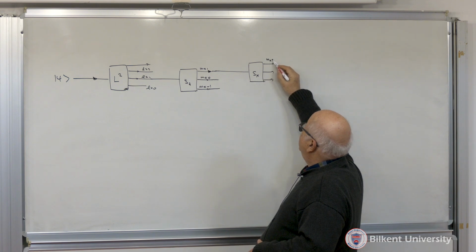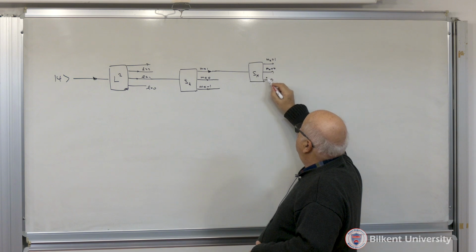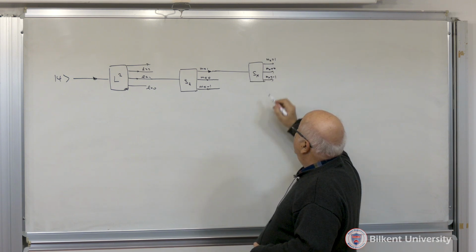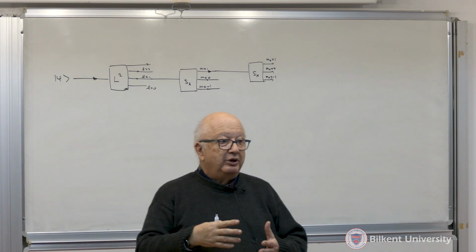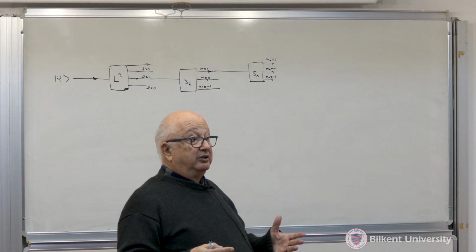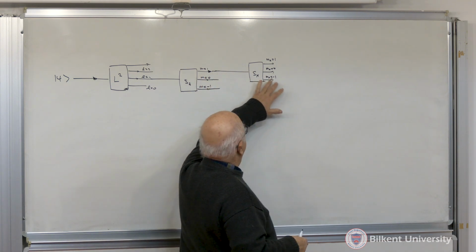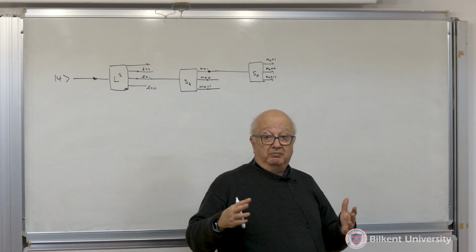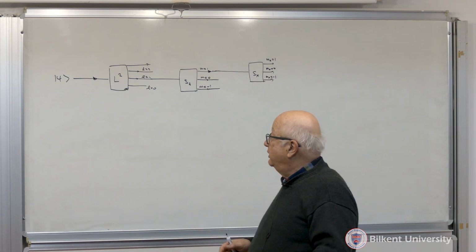So I'm going to get an mx equal to plus 1, mx equal to 0, and mx equal to minus 1. But we don't know how those eigenstates are constructed. They are not the same eigenstates that I have over here. We have not even discussed them yet. So they are going to be something quite different.